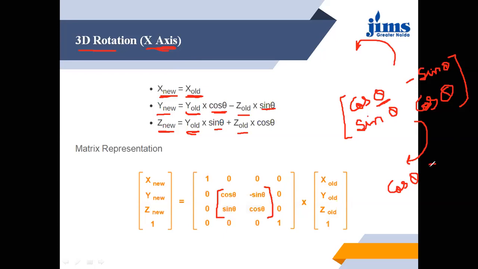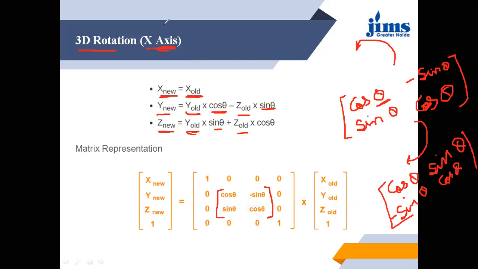So the sign of sine theta changes, and cos minus theta equals cos theta. We studied this in 2D, and over here also it is the same matrix we are going to use.